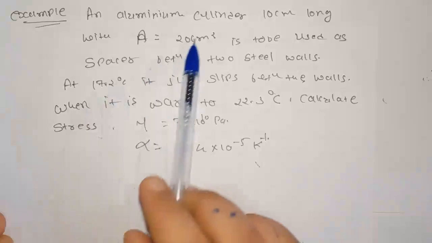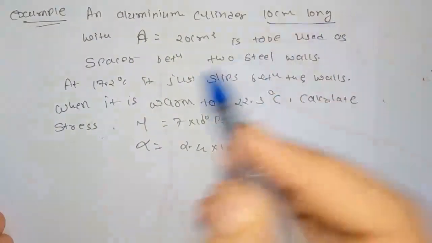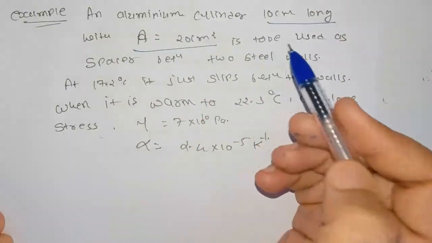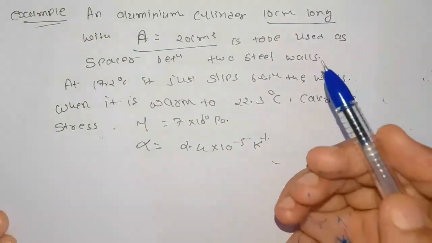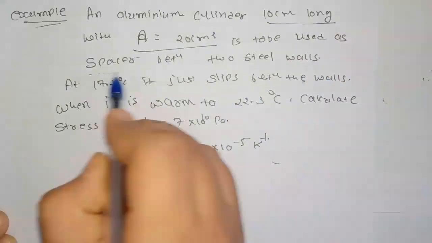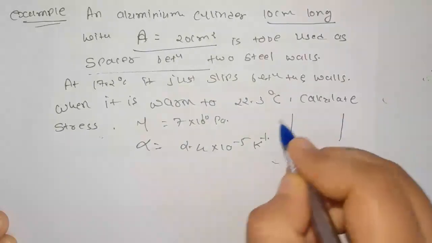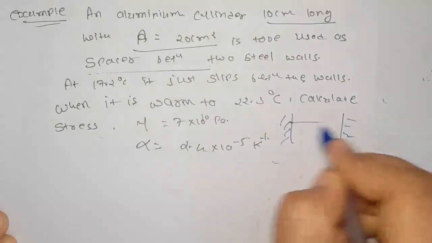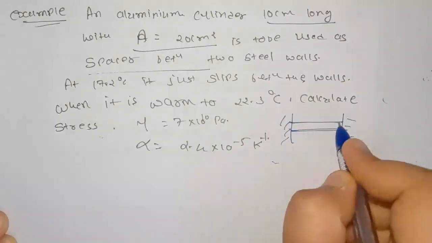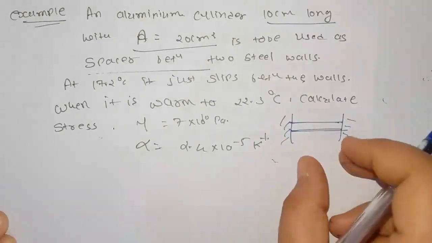An aluminium cylinder 10 cm long with area of cross section 20 cm square is to be used as a spacer between two steel walls. There are two steel walls and the rod is used as a spacer. That means this rod has to maintain the space between these two walls.